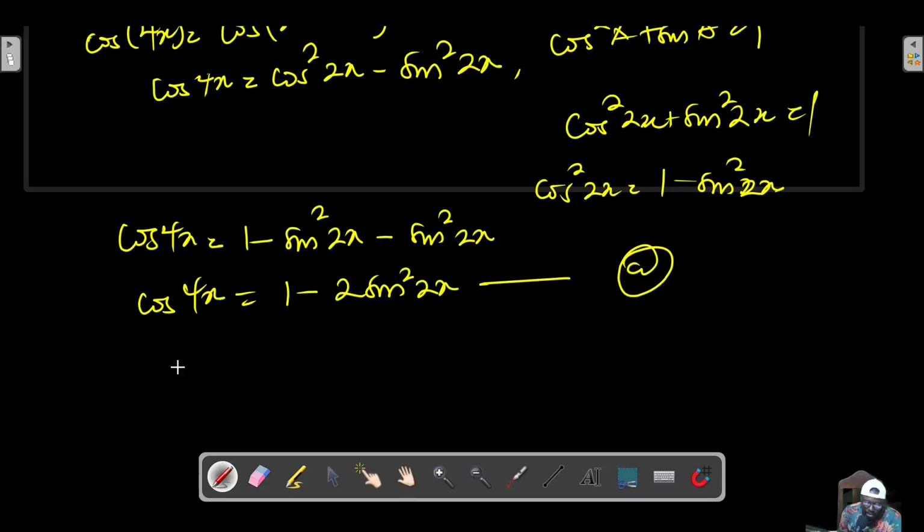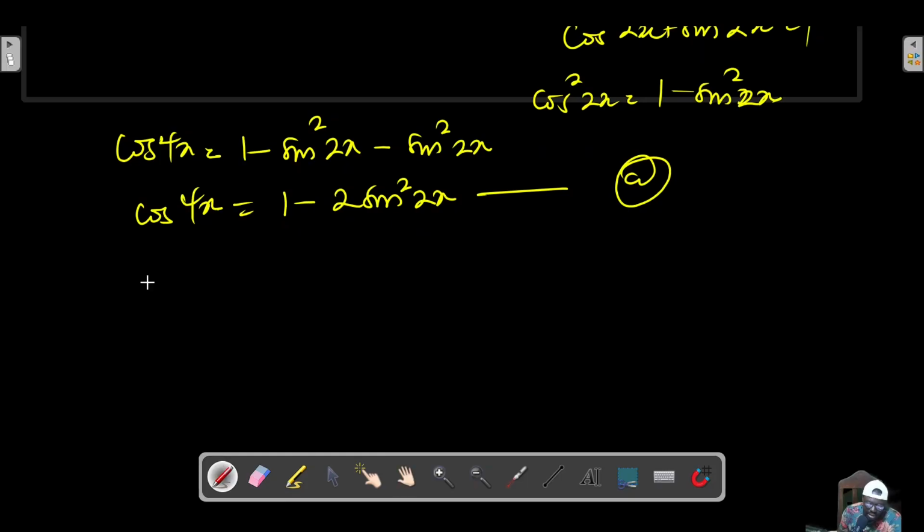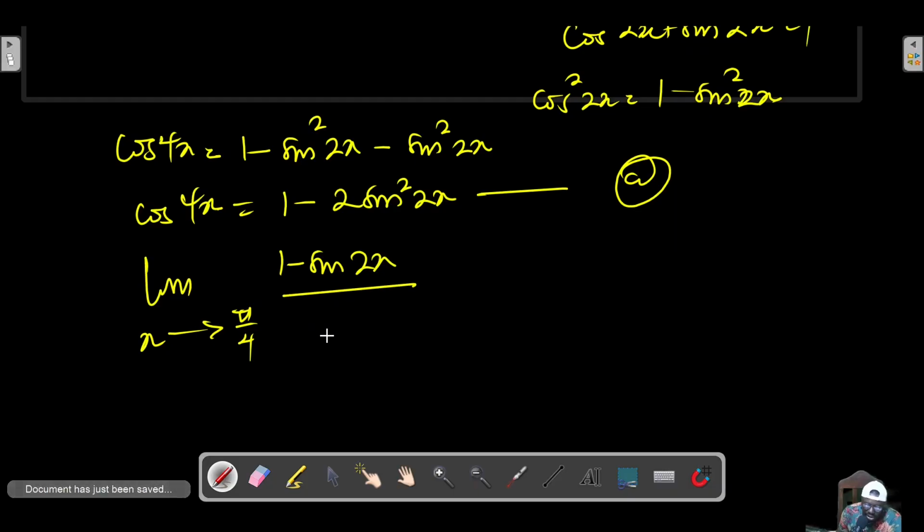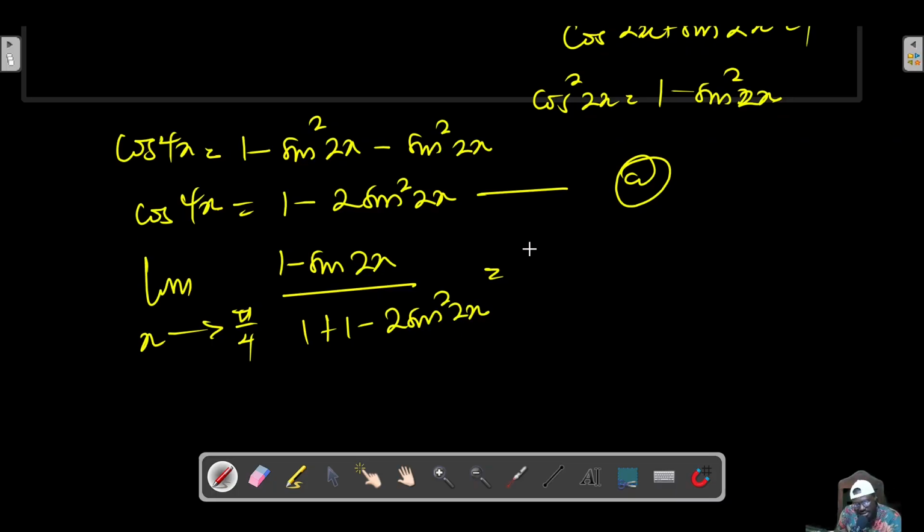So what was the limit expression? That was the limit as x is approaching pi on 4 of 1 minus sine 2x over 1 plus cosine 4x. And I know my cosine 4x now, which is 1 minus 2 sine squared 2x.